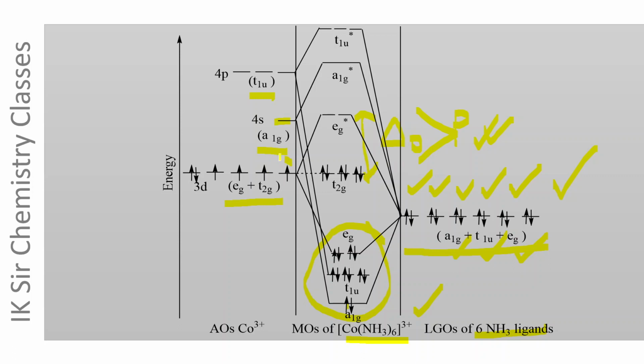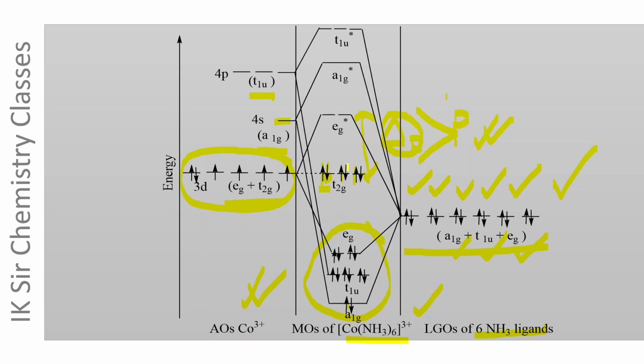There are 6 electrons present in 3d orbitals of the cobalt 3+ ion. The first electron will occupy here, first electron, second, third. If the fourth electron is promoted to eg star MO, delta O amount of energy will be required, which is greater than the energy required to pair up the electrons in the single orbital, and therefore the fourth electron will occupy here.